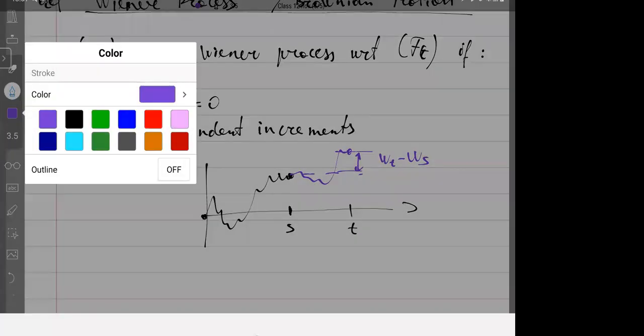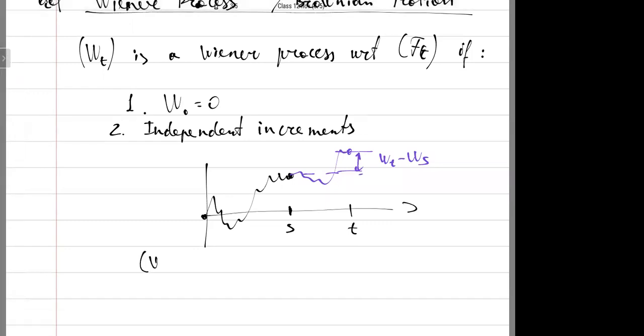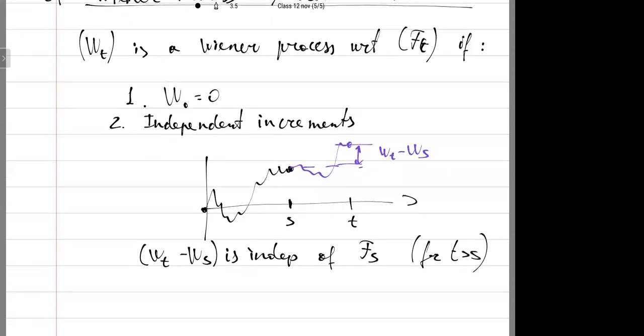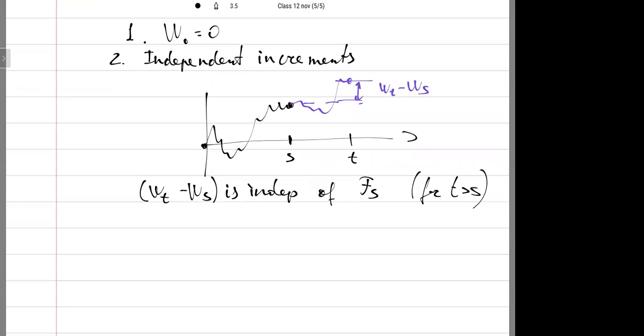Formally, Wt minus Ws is independent of sigma algebra Fs for t greater than s, obviously. This is the idea that I cannot predict future changes of my process, or the best prediction is just 0.